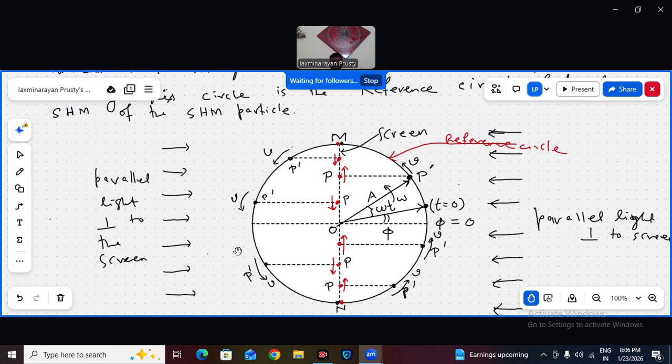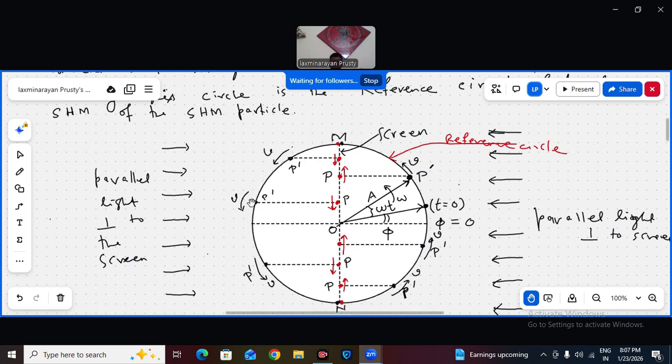I put a screen here along MON diameter, and pass parallel light perpendicular to screen from both directions. And let the particle P dash move on the circular path with uniform speed. So its shadow, the projection, will fall on the screen. As the particle goes from here to here, shadow goes from here to here. Shadow moves on the straight line.